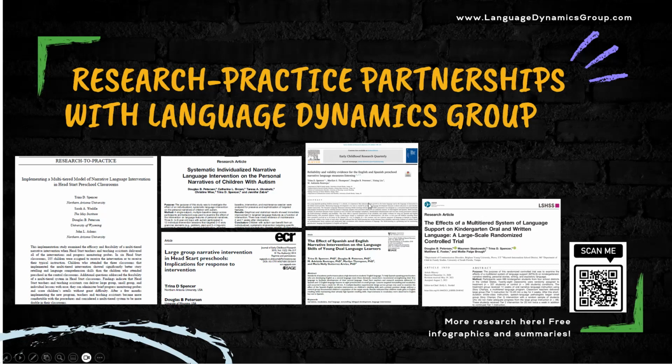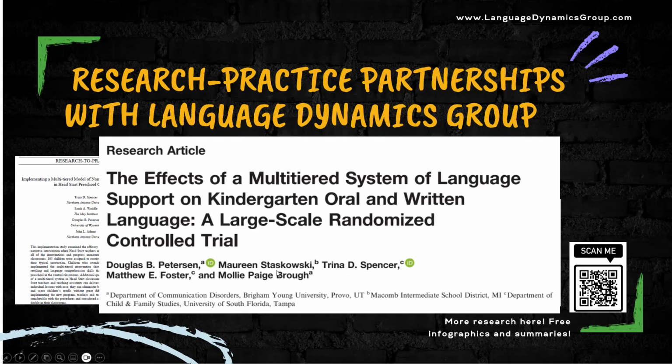This is a snippet, not even a fourth of our research on Story Champs. I'm going to point out something that can help you understand, if you come across articles, whether this article is the result of a research practice partnership. So the authors, usually in order of the amount of contribution, you identify who's going to be first author, and that's the person that takes the lead in writing the paper and getting it submitted, and deals with the journals.